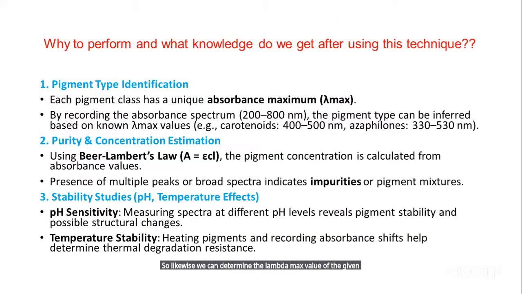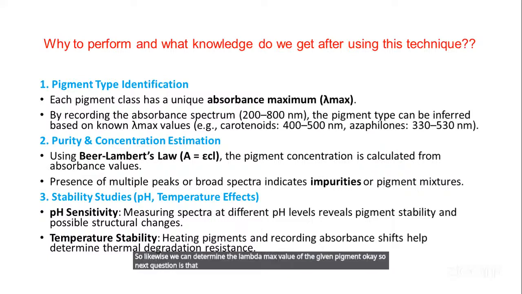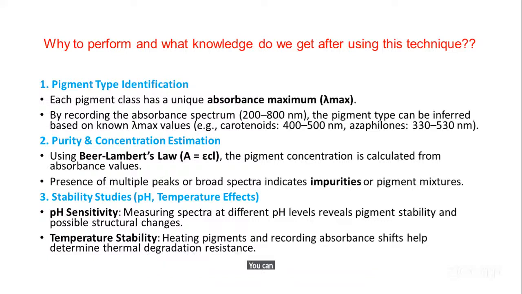Next question is why to perform this, and what knowledge do we get after using this technique? Why should we go with UV visible spectroscopy? First, we can identify the pigment. How? Remember, each pigment has a particular lambda max.